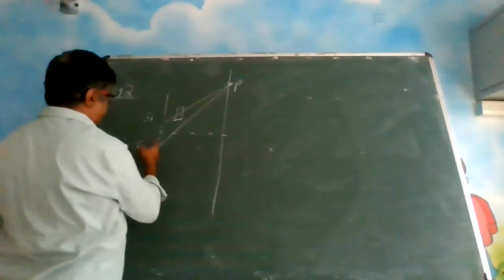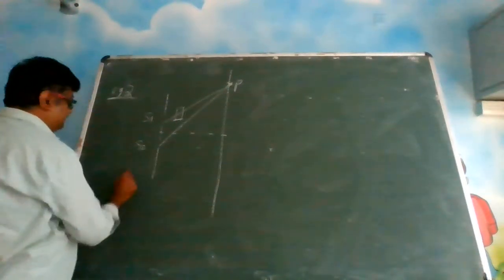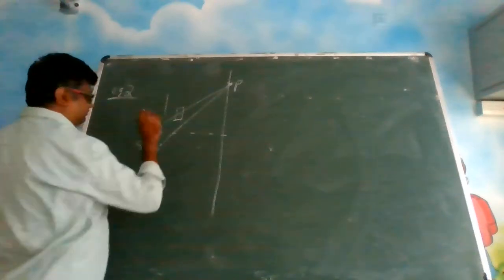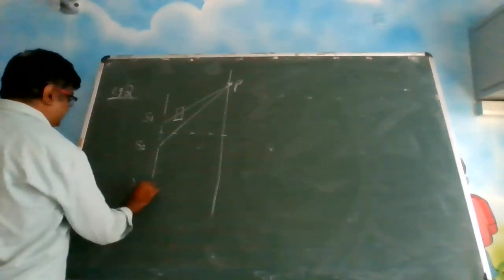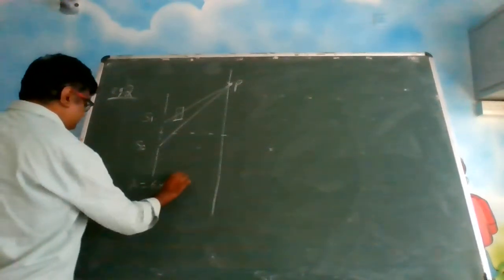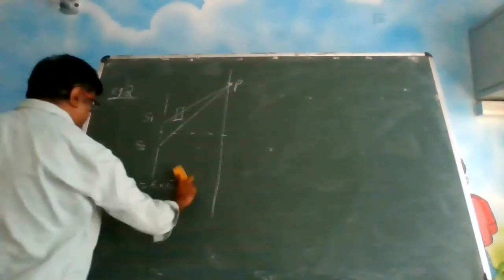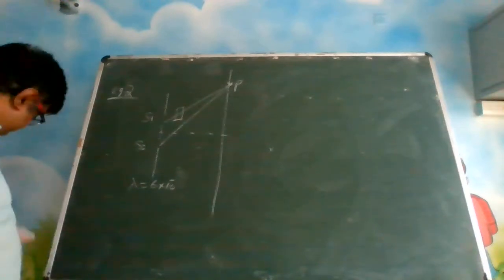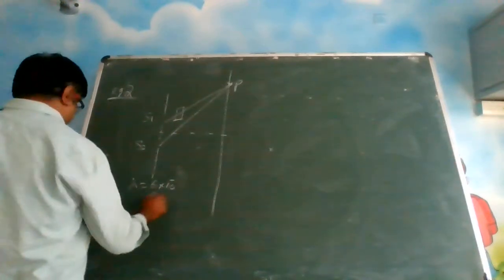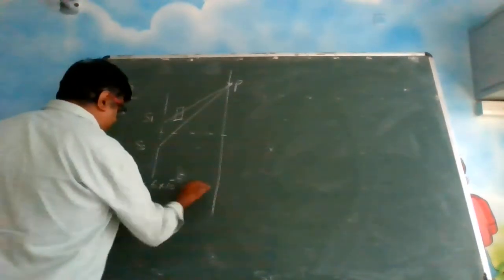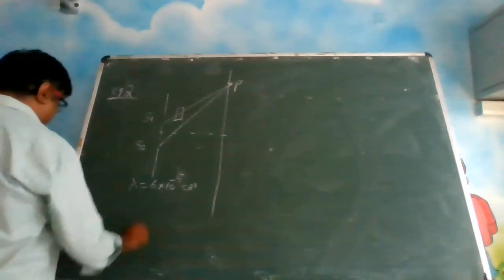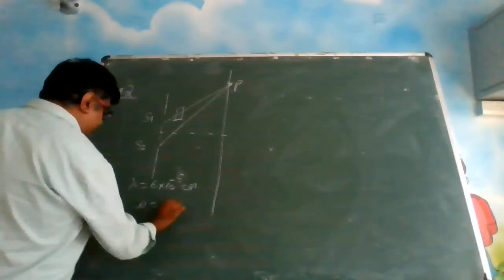The lambda value is given as 6 into 10 power minus 5 centimeter, and the refractive index mu is 1.5.